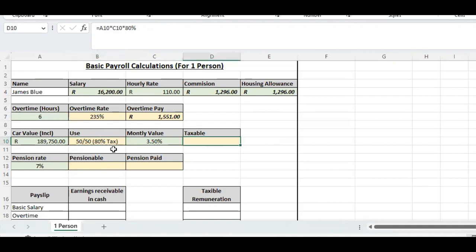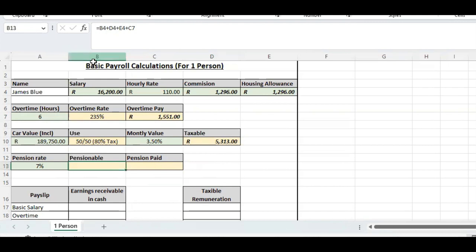And so now we can say, 189,750 multiplied by 80%, multiplied by 3.5% will give us the amount that is taxable for the use of the company car, and it is 5,313 Rand.